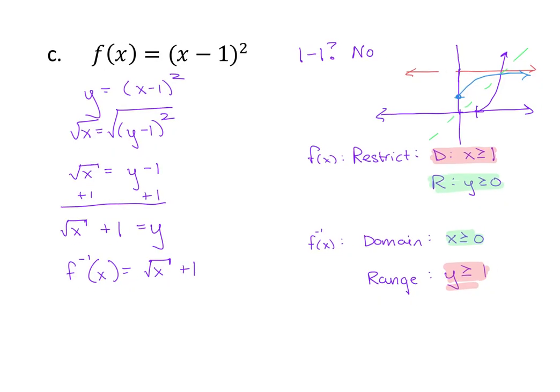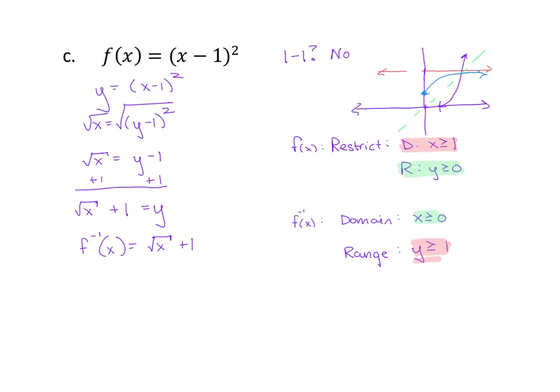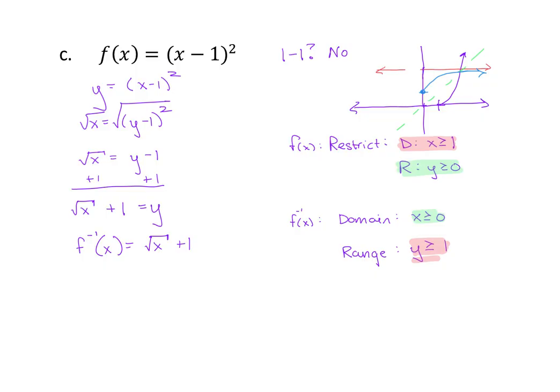All right, the last thing we want to do is check using composition of functions that these are inverses. So we have f of x equals x minus 1 squared, and we have f inverse of x is equal to the square root of x plus 1.